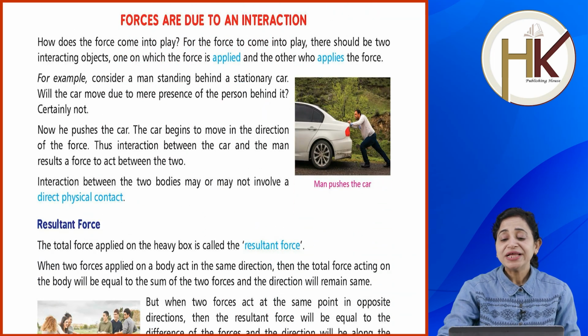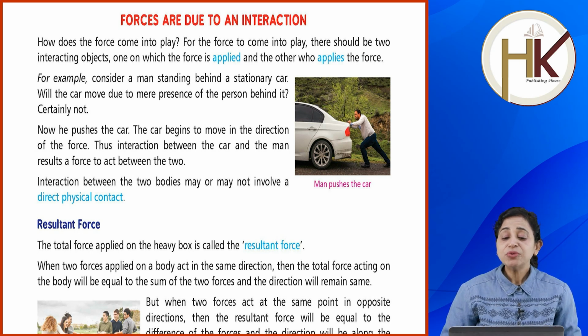Forces are due to an interaction. How does the force come into play? For the force to come into play, there should be two interacting objects, one on which the force is applied and the other which applies the force. For example, consider a man standing behind a stationary car.